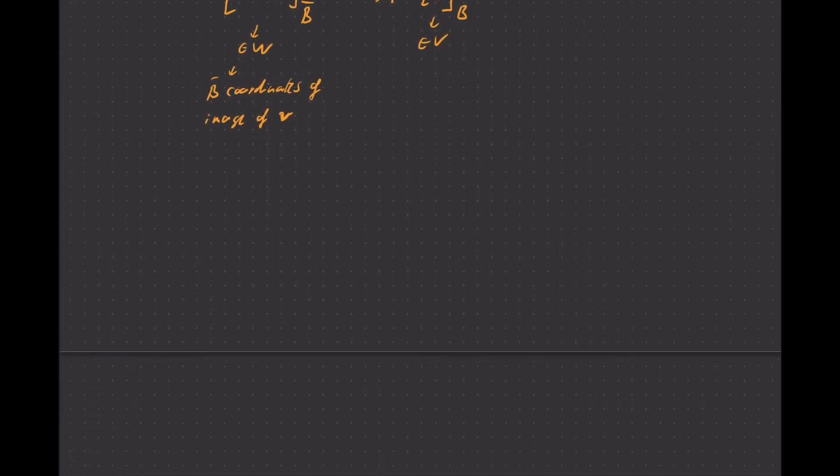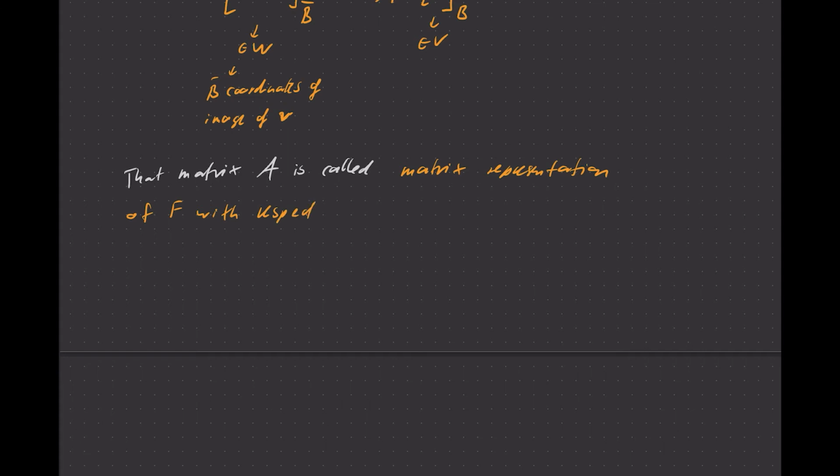Let's continue this with a definition right away. So that matrix A is called the matrix representation of the linear mapping F with respect to the coordinate systems B and B bar.